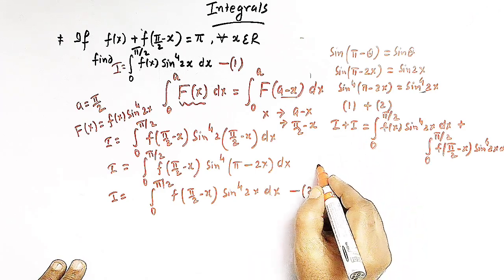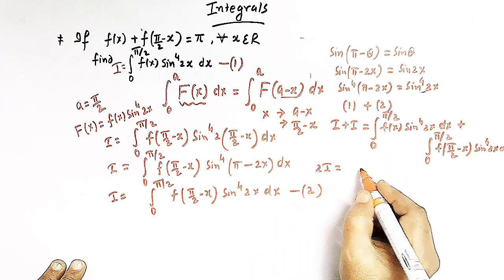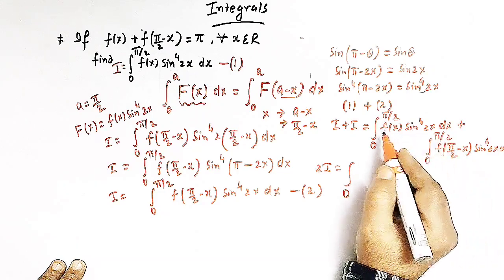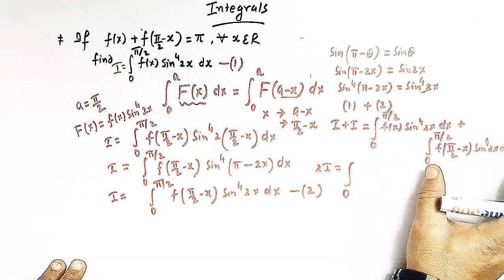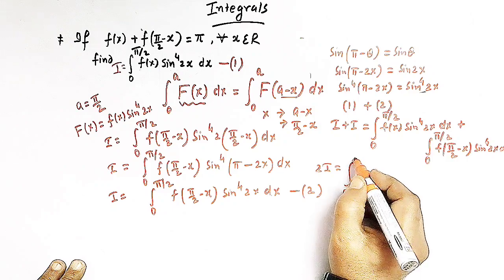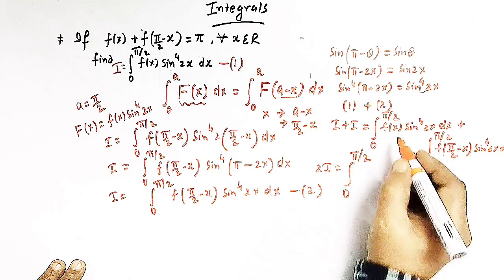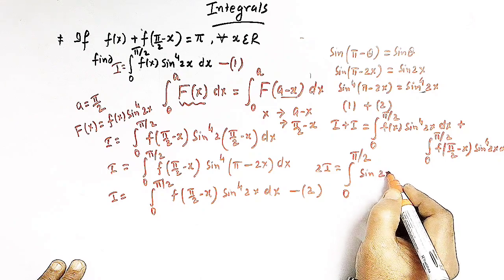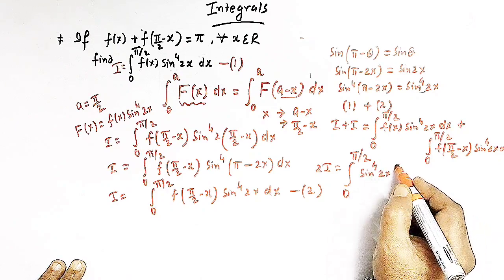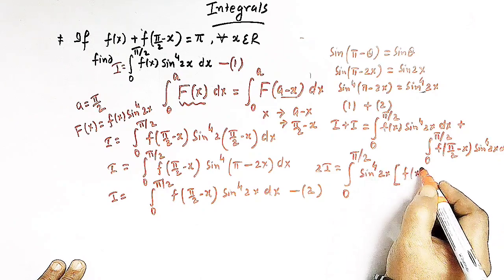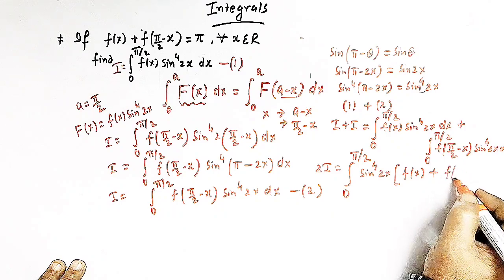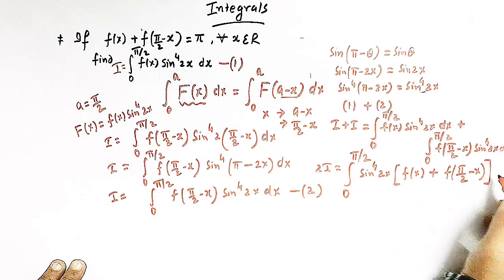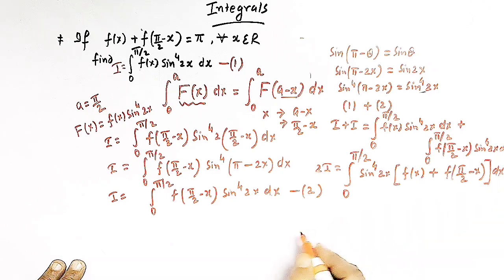So I plus I is simply 2I, and since the limits of integration are the same in both the integrals, we have 0 to pi by 2, and we can take sine 2x raised to 4 as common, and we have f of x plus f of pi by 2 minus x, and dx, right?